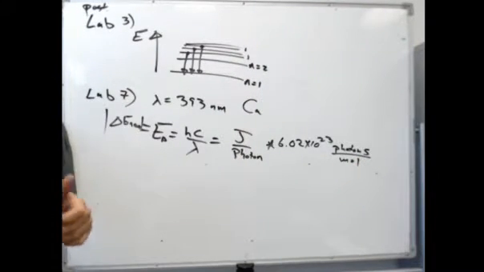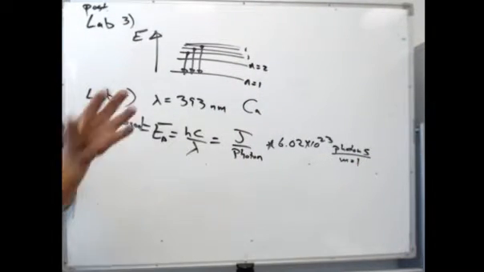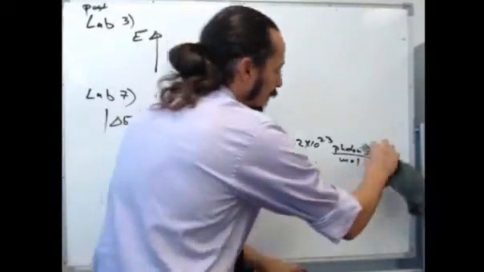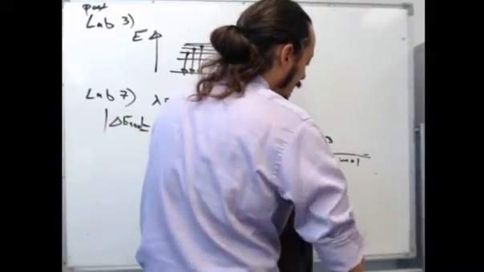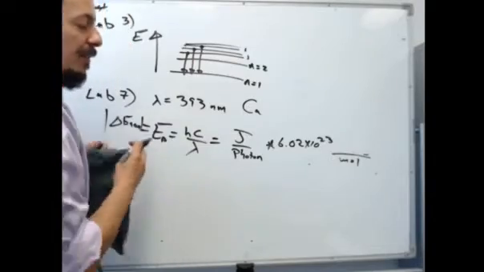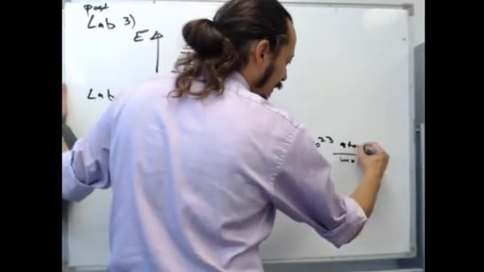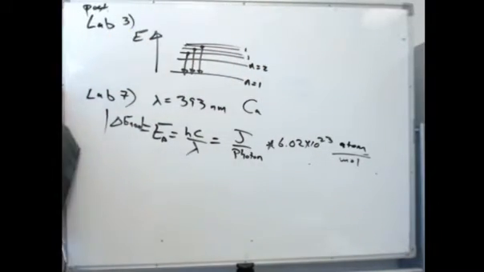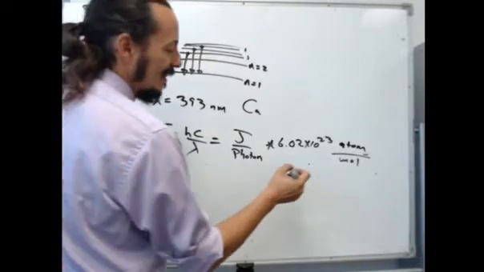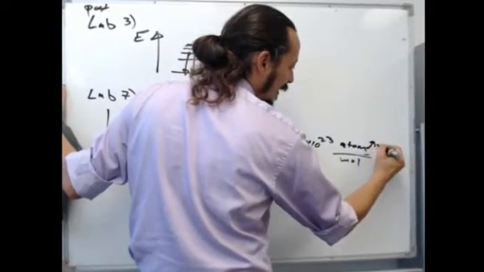But wouldn't it be atoms per mole? Well, photons are atoms. Remember, this is just a counting number, so it can be anything we want per mole, so we can do atoms. But how many photons does each atom produce? That's what's throwing me off. Well, how many photons does each atom produce? One. So the number of atoms is equivalent to the number of photons.